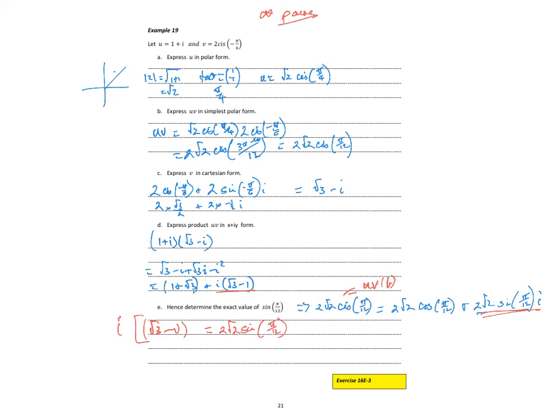So they're the two i components. So that means if I just do a division, root 3 minus 1 over 2 root 2 is equal to sine pi on 12. So that last step's a little bit of a trick, but still, the first few parts are really good practice.